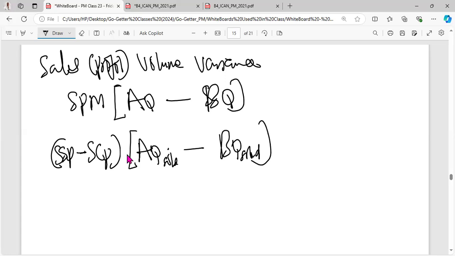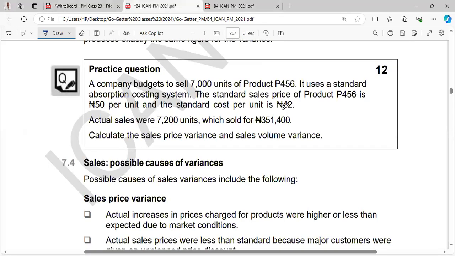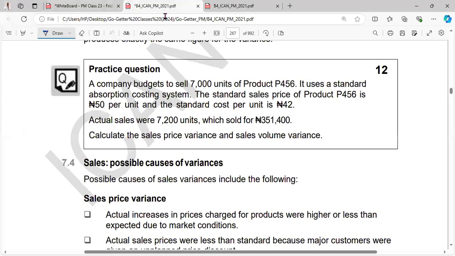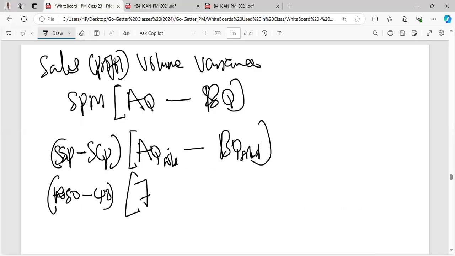So your selling price and standard cost price is 50 and 42. So this is 50 minus 42. Actual sold is how many? Sold 7,200. Budget is 7,000. So this is 7,200 minus 7,000.